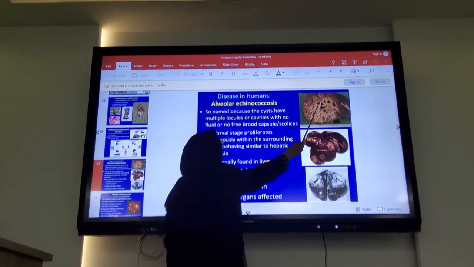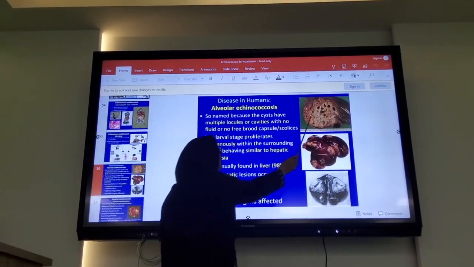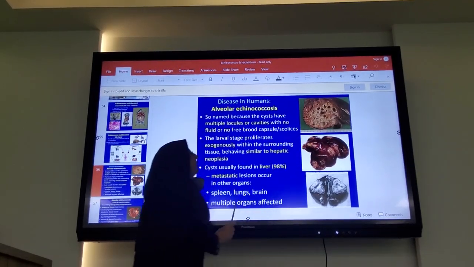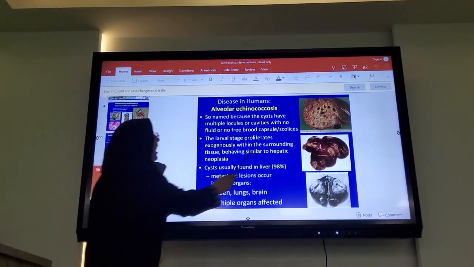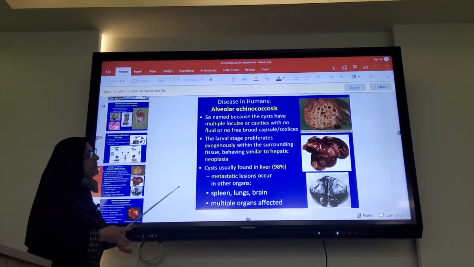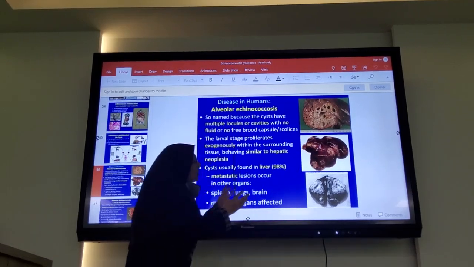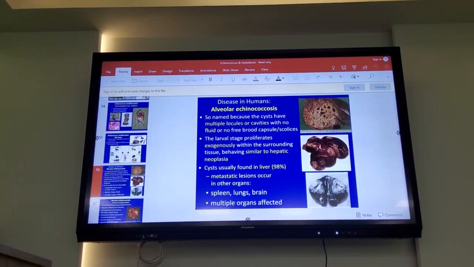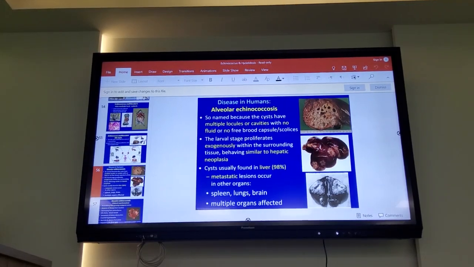The parasitic disease is called alveolar echinococcosis because of the nature of the cyst, okay? They are not like hydatidosis, oval and full of fluid, okay? They have several cavities, multiple cavities. So it is called alveolar cyst. If the liver is infected, it means most of the parasites show exogenous budding, and like cancer, they do metastasis.